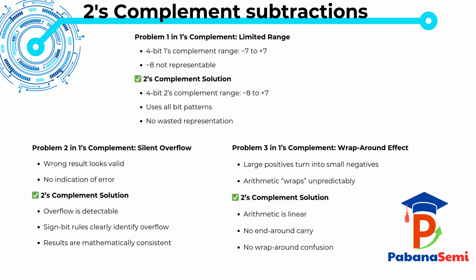To summarize, 1's complement suffers from limited range. It allows silent overflow, and it causes wraparound errors. 2's complement fixes all 3 by using the full binary range, providing clear overflow detection, and enabling simple, consistent arithmetic. That's why every modern computer system uses 2's complement arithmetic.